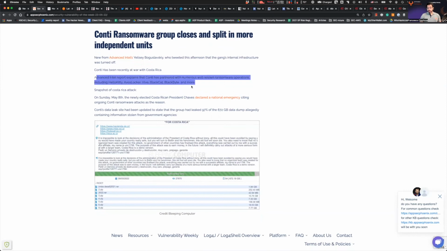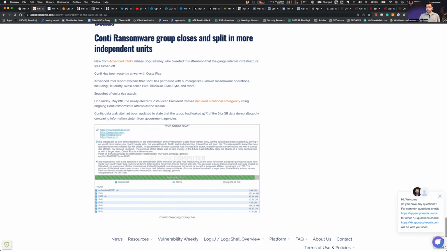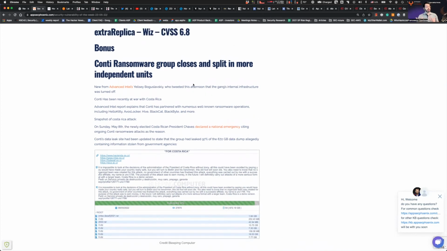It is to be noted that the group will remain active, the cells will remain active and be distributed around a number of other coexisting and well-known ransomware groups, but by no means will the group stop operating. They just dismantled the group as a system. This has come to attention because they've been particularly active targeting nations. So that might be the reason why they dismantled and went a little bit quieter or more distributed.